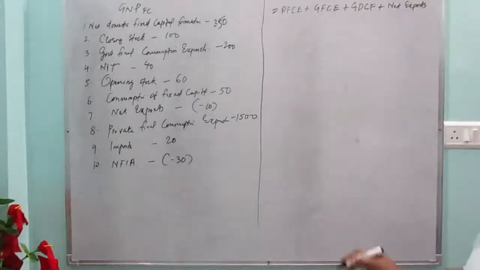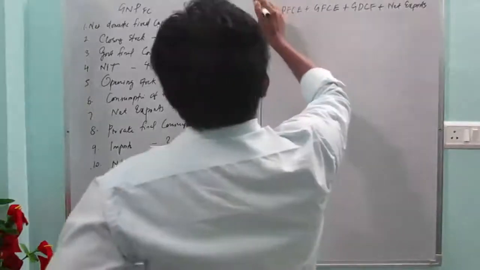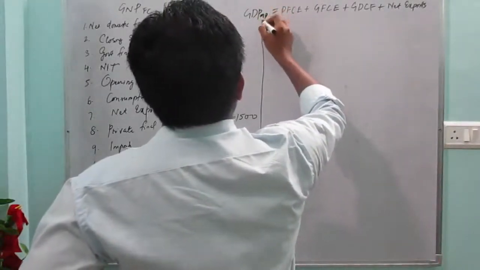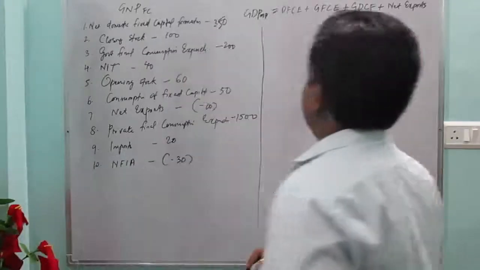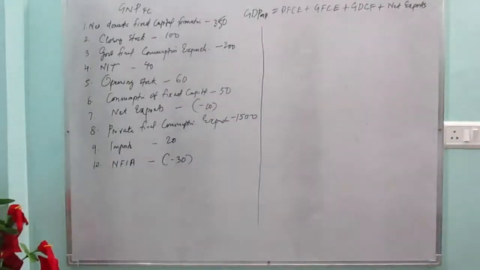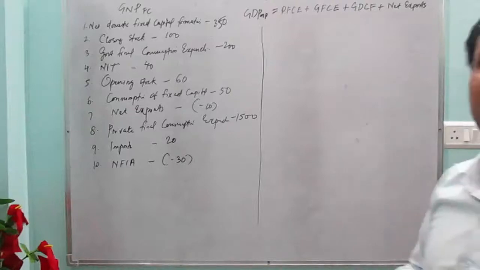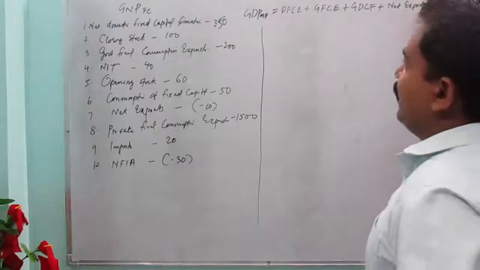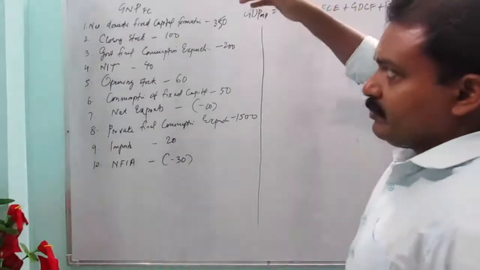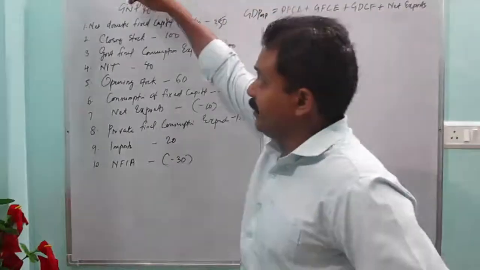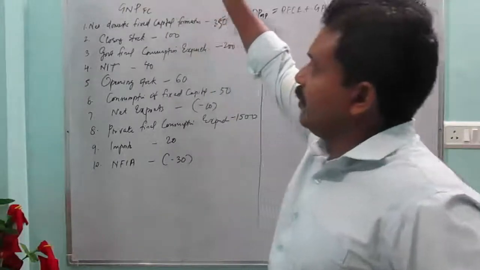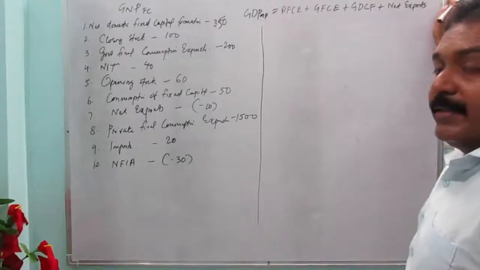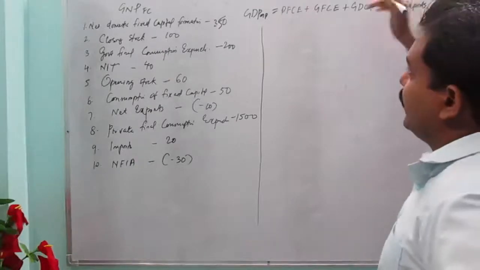This is for GDP at market price. GDP MP is equal to this much. Do it step by step so that it will be easier for you. Otherwise you can add minus depreciation and minus NIT with this, but no need, this is better.